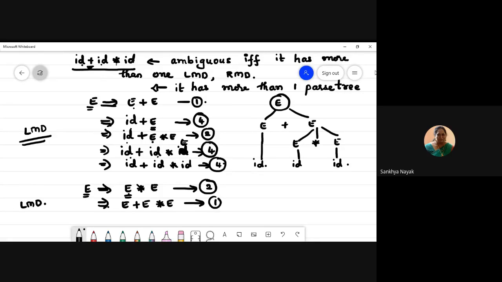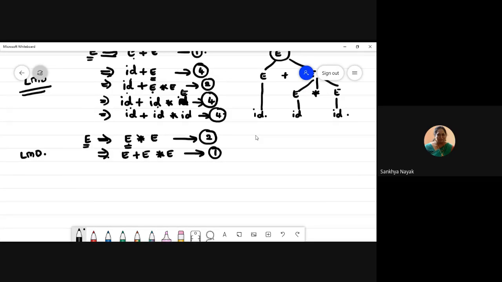This is using 1. And after that, the first E I will convert it into ID. So ID plus E star E using 4. Next, second one. So plus ID star E again using 4. And finally, ID plus ID star ID.